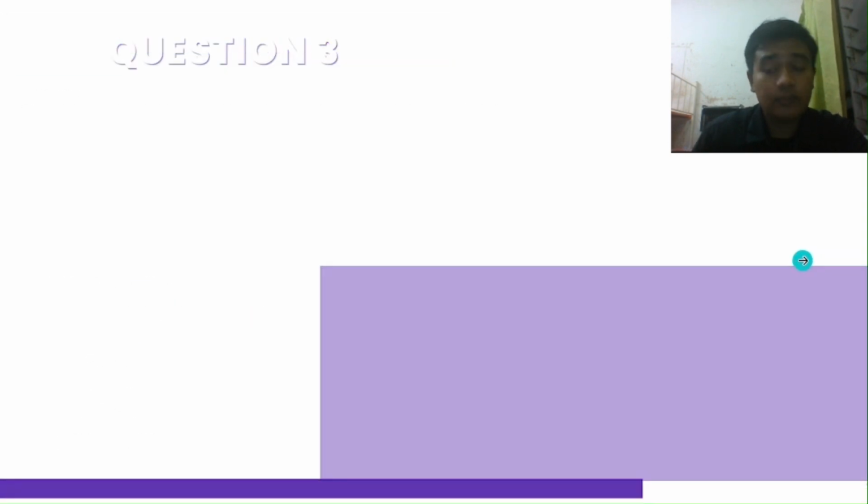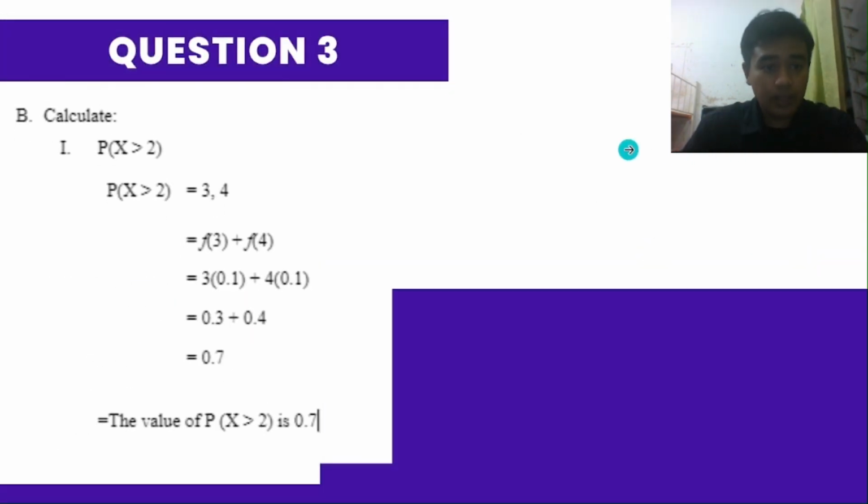Then the next question, question B, we are asked for P of x bigger than 2. If we count it, we get 3 and 4, so we just need to input it into f(3) plus f(4).